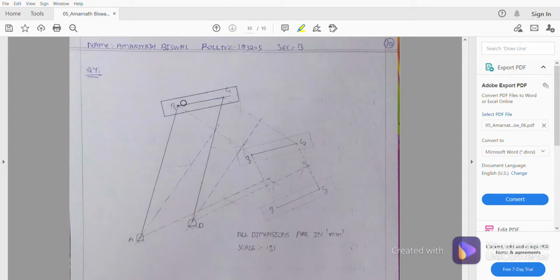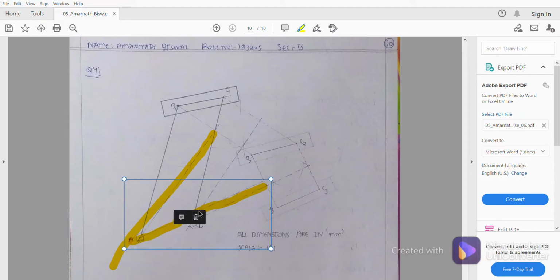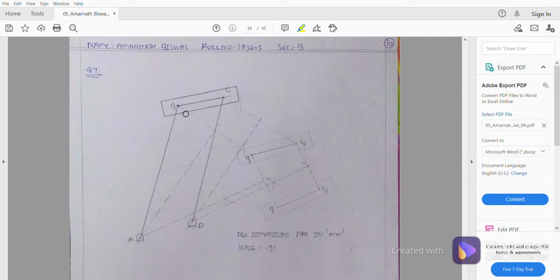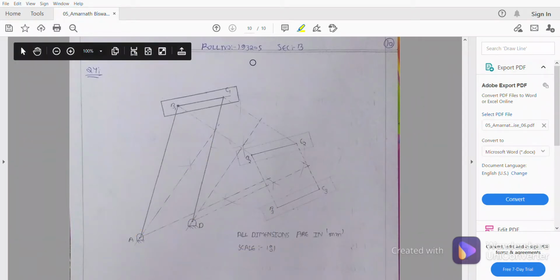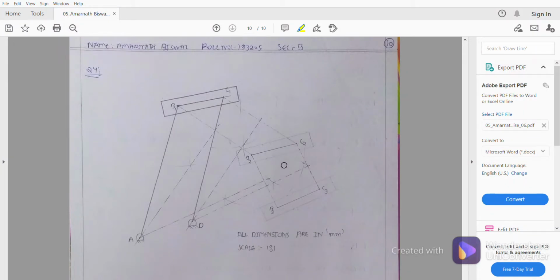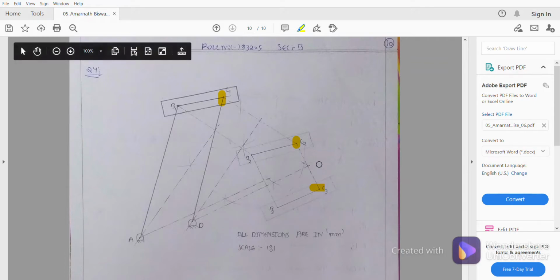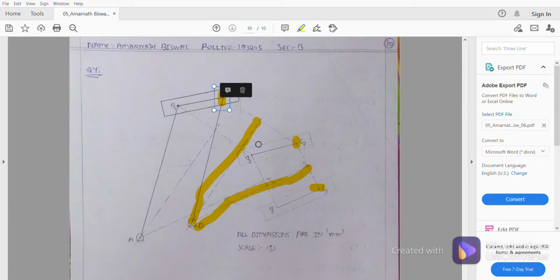Again we follow the procedure of drawing perpendicular bisectors, and we meet at A. This A was not fixed first of all. We started with B1 and C1, not with A and B. Now again we take C1, C2 and C3, follow the same procedure for drawing the common normals, and we meet at D.